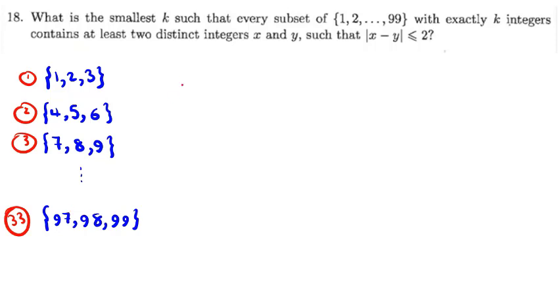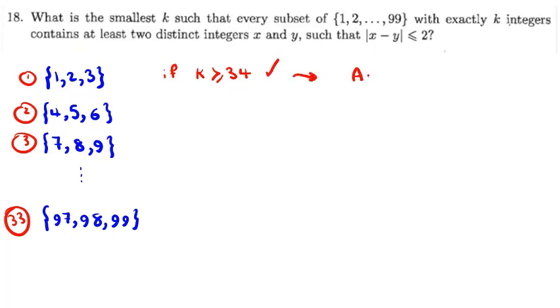Now, if k is greater than or equal to 34, then because we have 33 groups, from one group we select at least 2 members. If you select 2 members from a group, then the difference is at most 2. So it is okay.